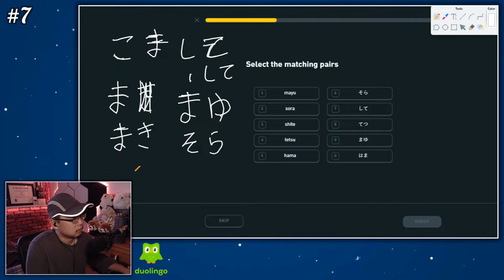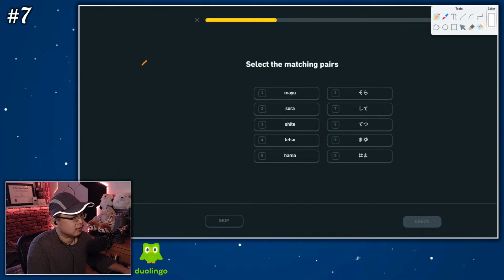Tetsu. Te. Su. Whoops. Dang you. Hold up. Oh no, I'm drawing tetsu. I'm not drawing tetsu. Am I? Oh no, I'm writing tetsu there.